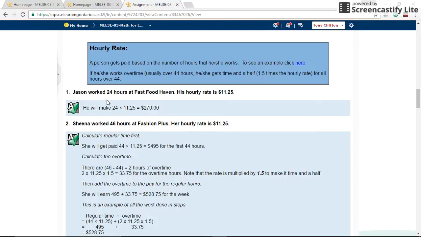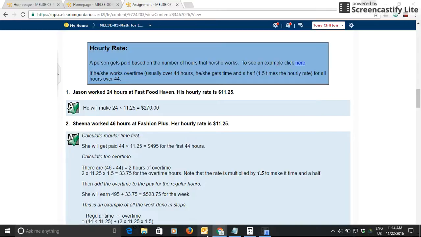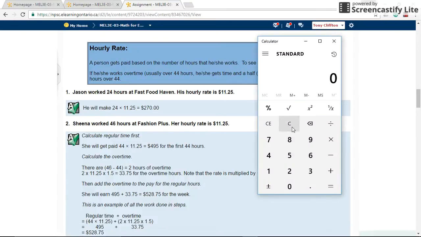So Jason worked 24 hours. His hourly rate is $11.25. So he will make 24 times 11.25, just 270. So there's no overtime involved because there's nothing over 44.